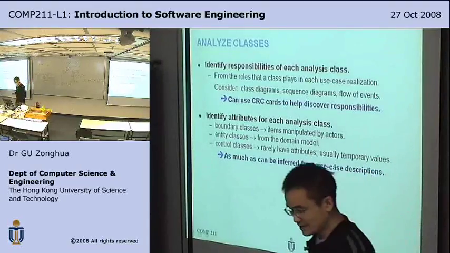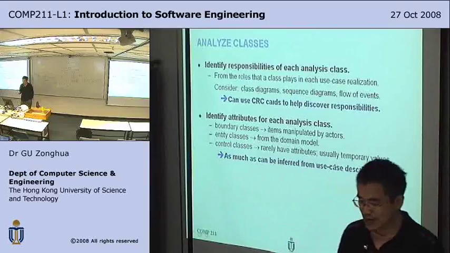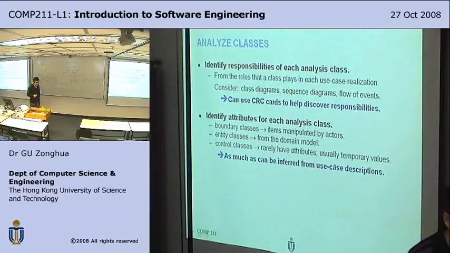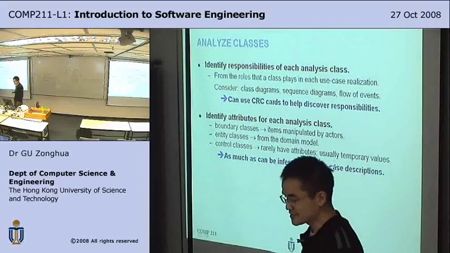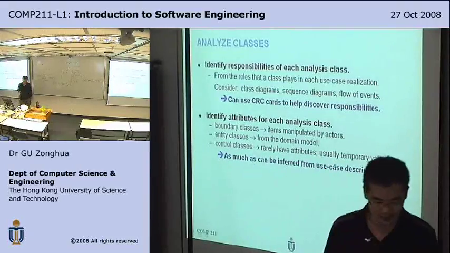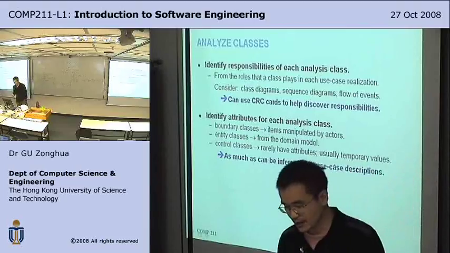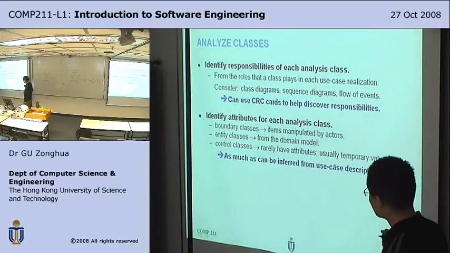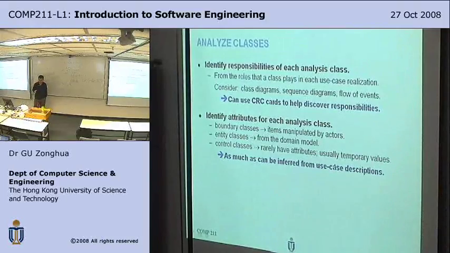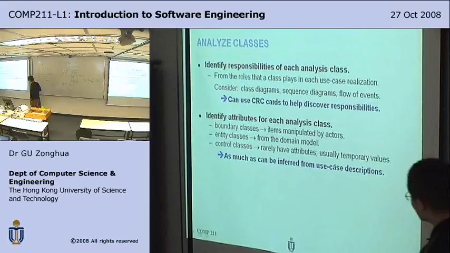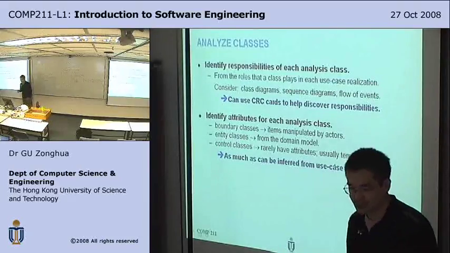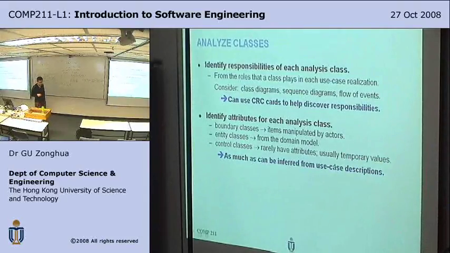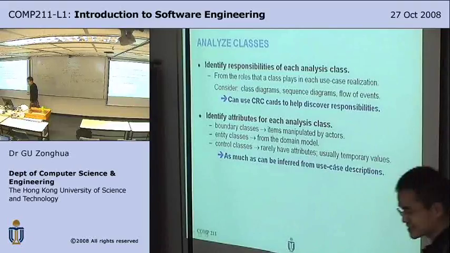Therefore, whatever the actor manipulates, like what he enters on the user interface as input to the system, or what he gets as output from the system, these should form attributes of the boundary classes. For example, for the professor interface boundary class, perhaps you need attributes like semester, course to teach, course offering, etc.